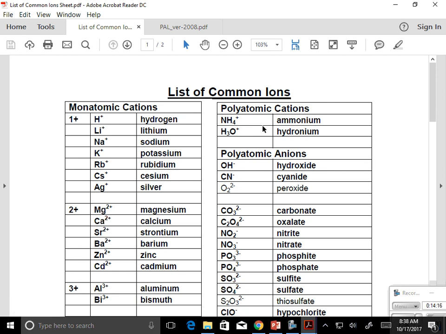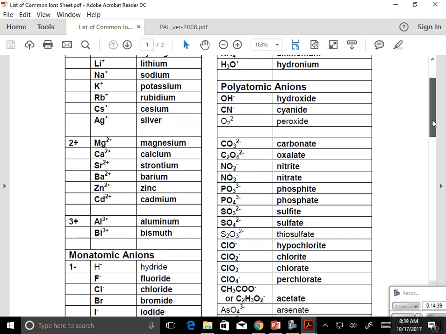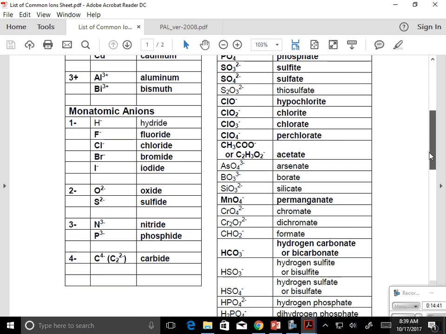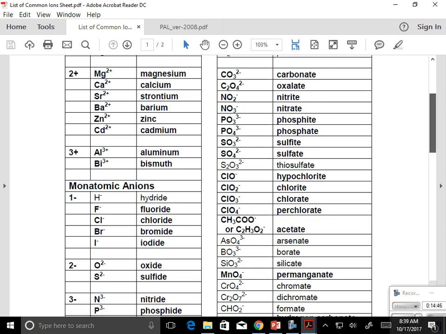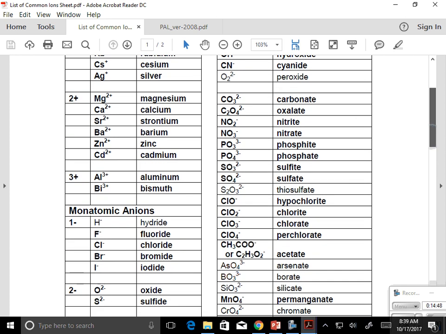Here are polyatomics. Polyatomic cations are a group of atoms, many atoms, polyatomic. You don't see many polyatomic cations. Ammonium is the most common one. We look here, here's some monoatomic anions, as well as some polyatomic anions.